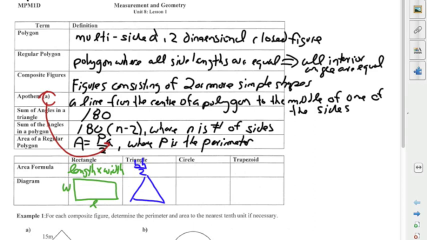So there's a triangle. There's your base. And the height, what's the definition of the height? Not quite. The height is basically you take the vertex and drop it straight down.